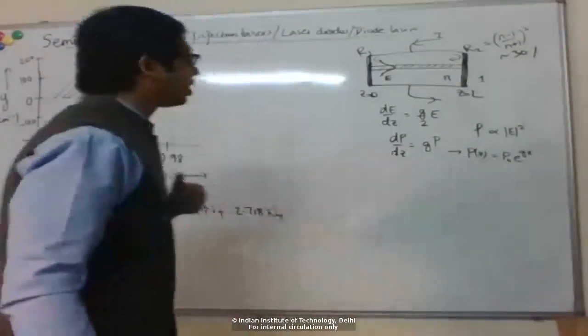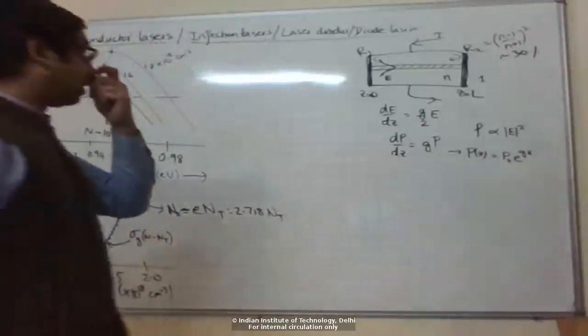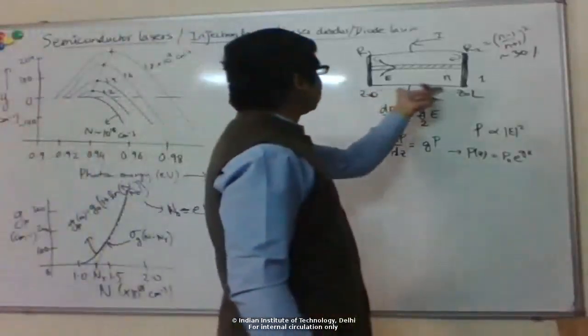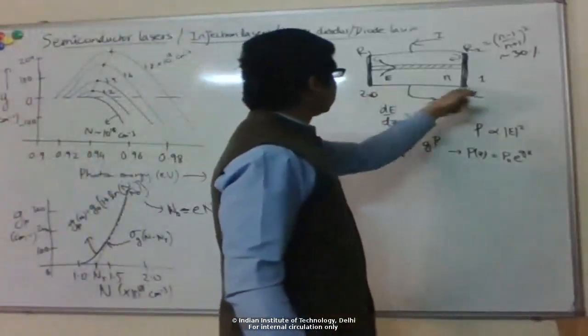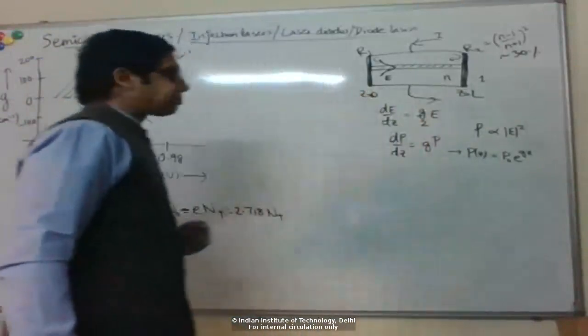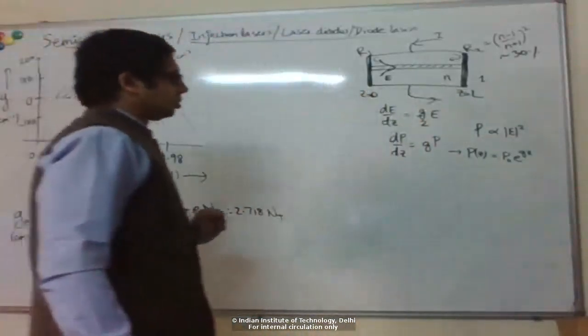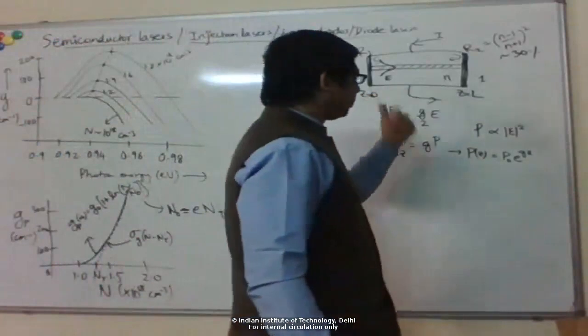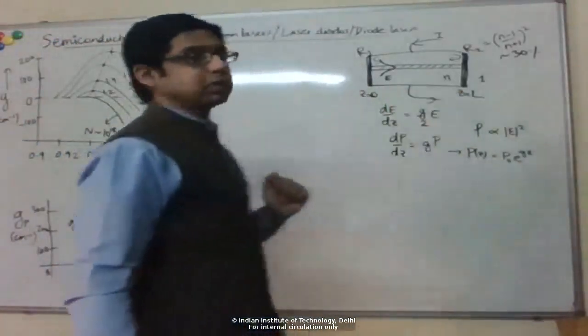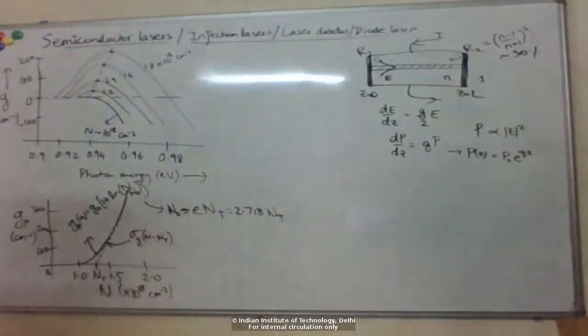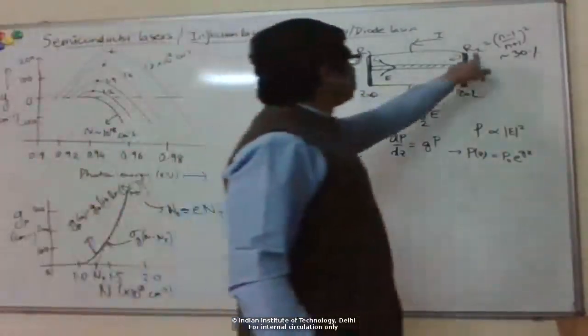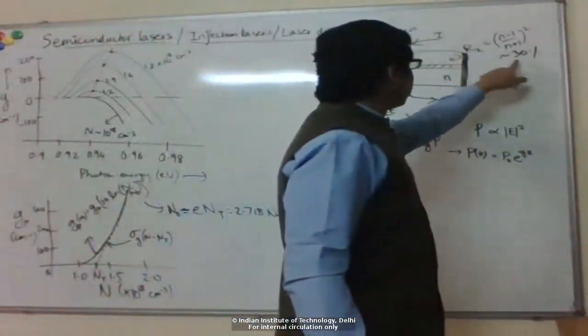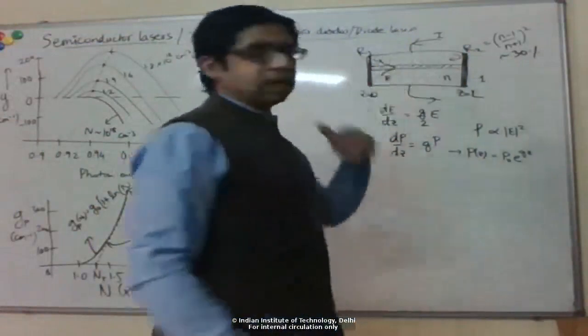Even though the length here is, let's say, a couple hundred microns, we are talking about really large gain values. So even with such poor looking mirror reflectivity, you can actually make a laser.